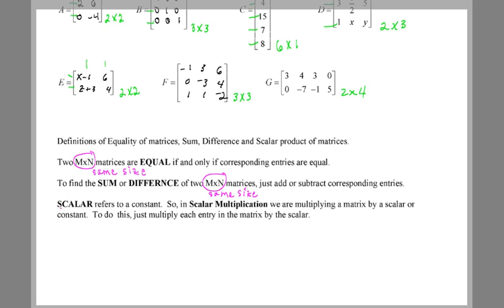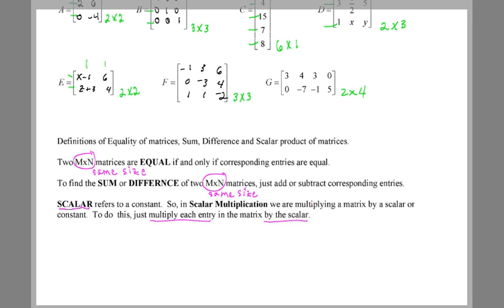Scalar is a term we use when we're working with matrices to represent a constant. Before we've used the word constant, but now we'll use the word scalar. So scalar multiplication just means you're taking a matrix and multiplying it by a scalar, and to do that you just multiply each entry by that scalar.